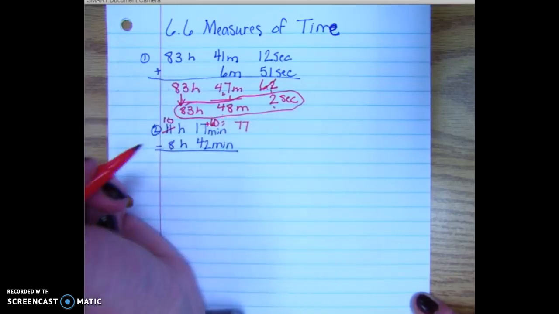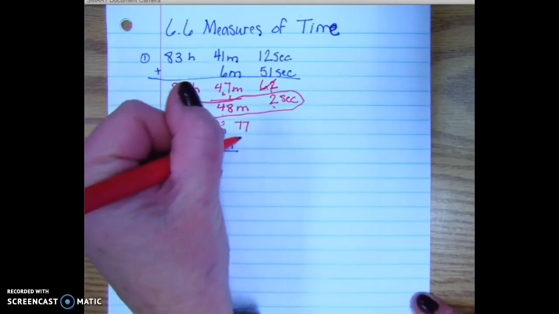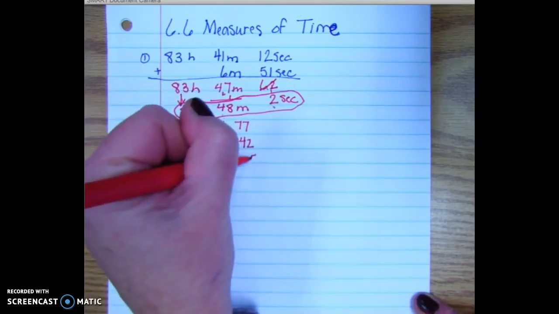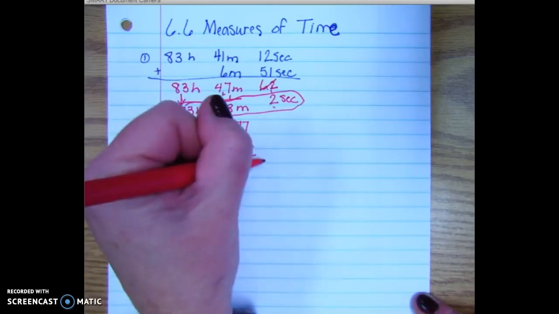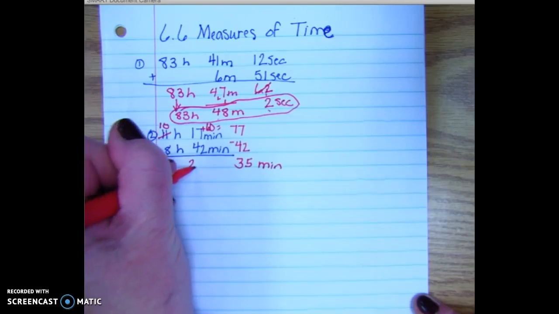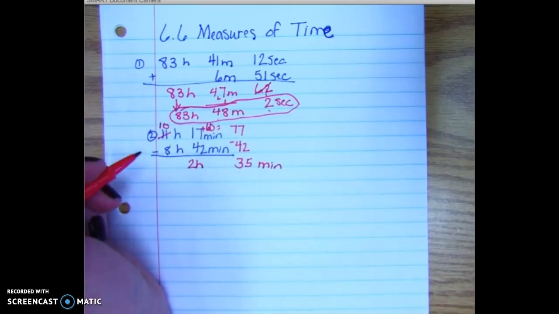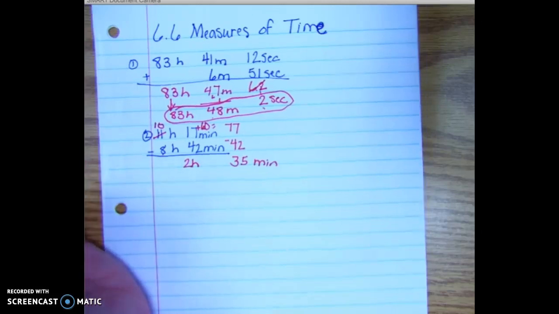So now you are taking 77 minus 42. So you end up with 2 hours and 35 minutes as your difference. Can you handle that on the plane? I don't know. You tell me.